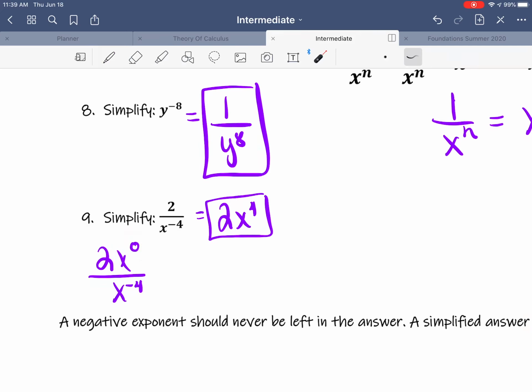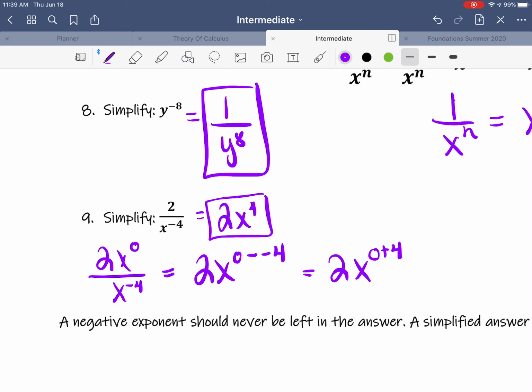I added an x to the 0 here because it is just a 1 and 1 won't change it. Now I'm going to use my properties of exponents. And what I did here is I subtracted these exponents, minus -4. And we know that minus a negative becomes a positive.